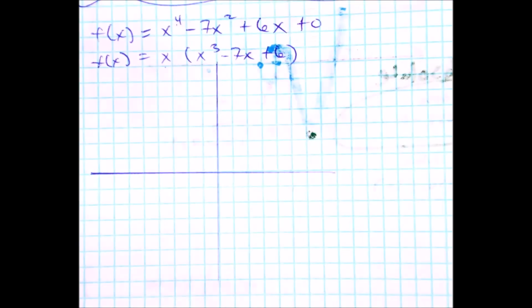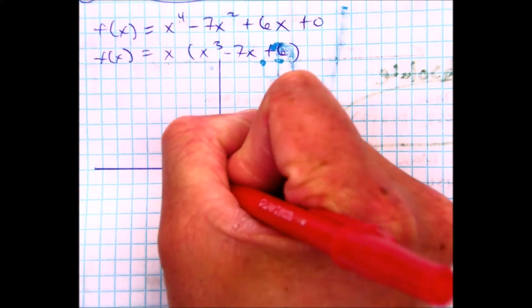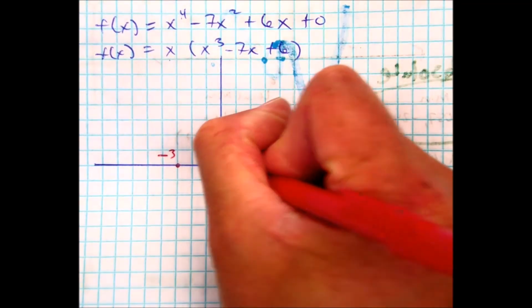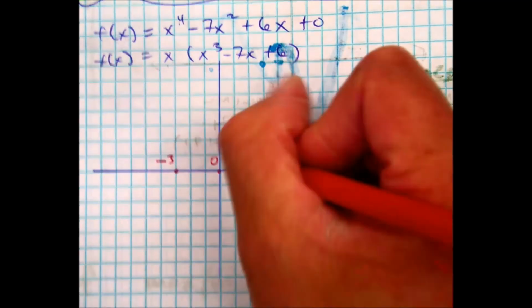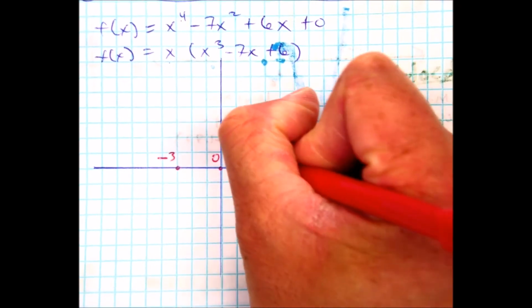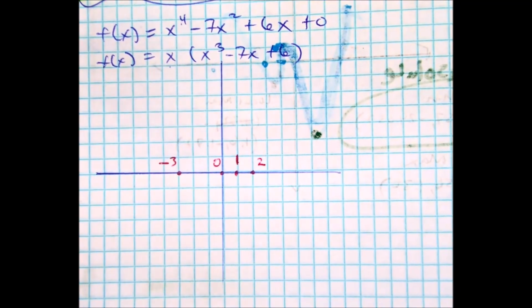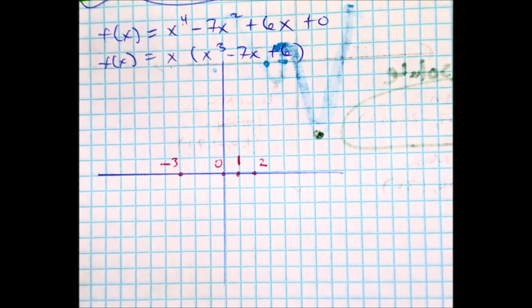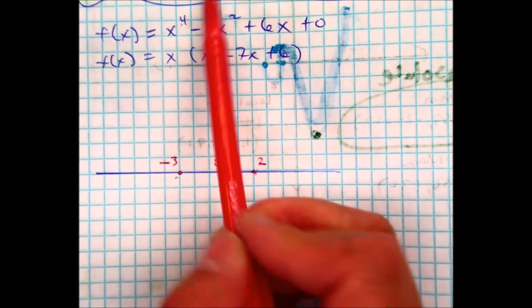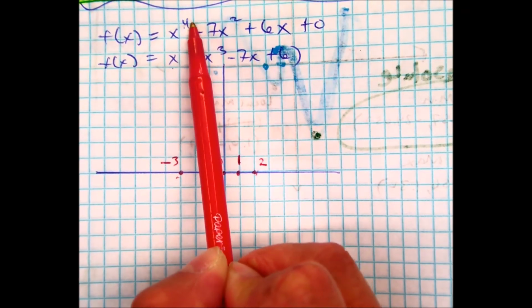So we used your calculator yesterday. We have the numbers -3. I have 0. I have 1. And I have 2. Oh, 4 x-intercepts. Oh, the highest degree is the 4th power.